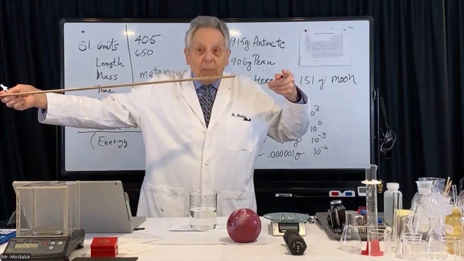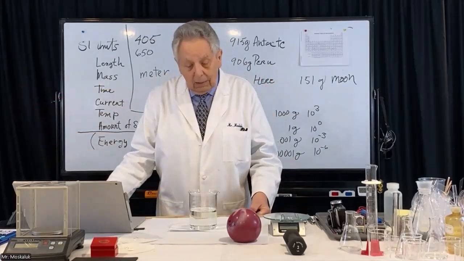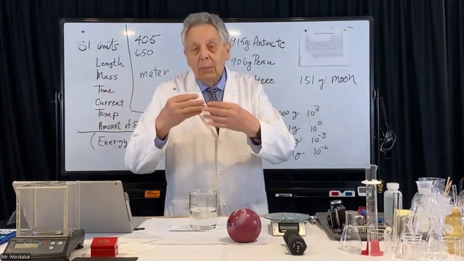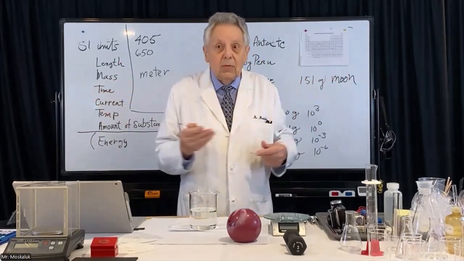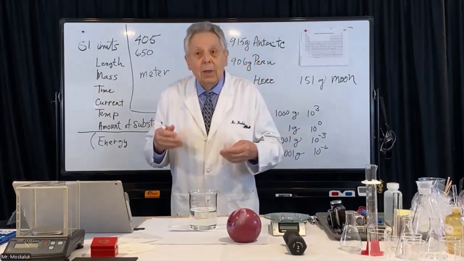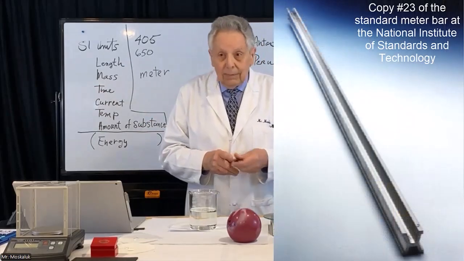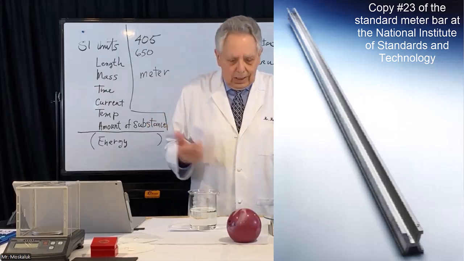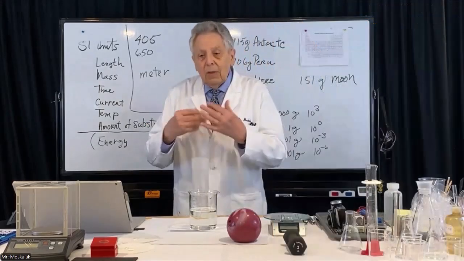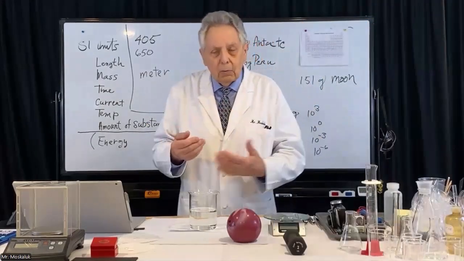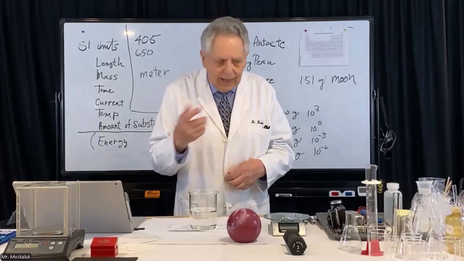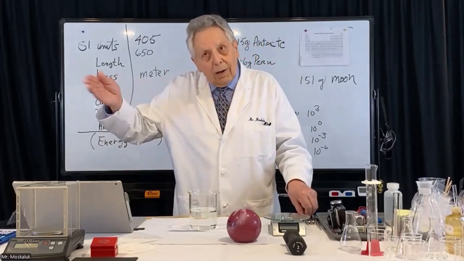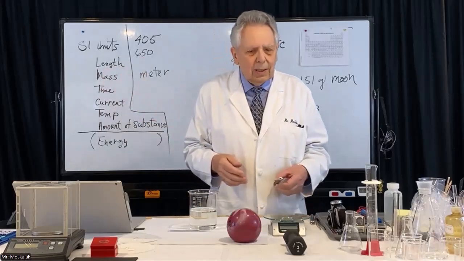That would be a meter. They set up a bar that they measured very accurately, that everybody measured things against for hundreds of years. In fact, we have a replica of that bar at the National Institute of Standards here in the United States. But now they've changed it to a different standard, which relies on wavelengths of light and how far light travels in a fraction of a second.